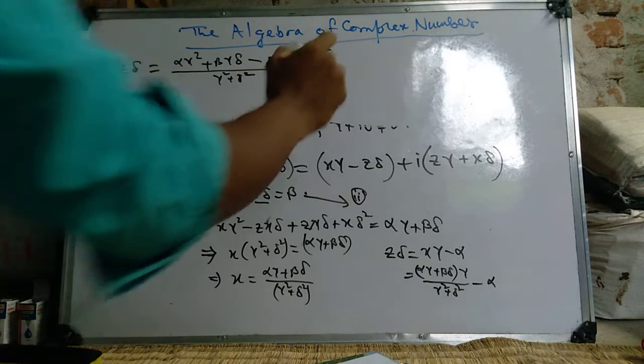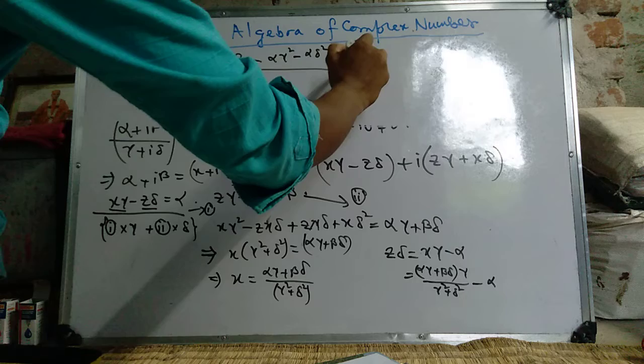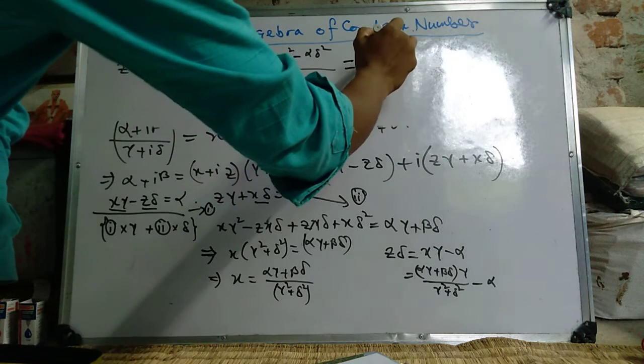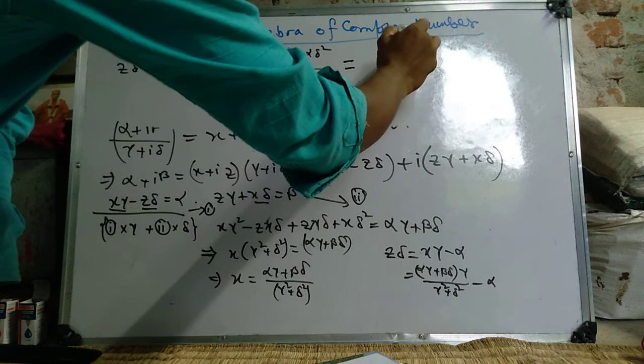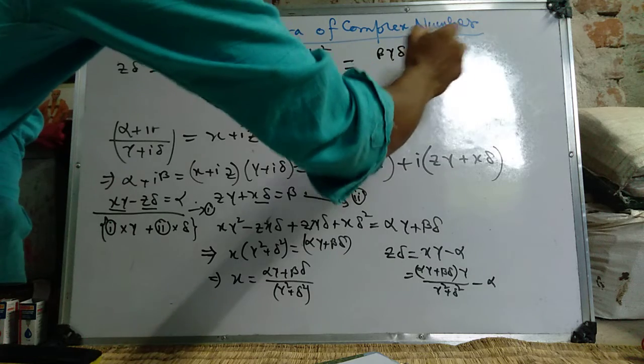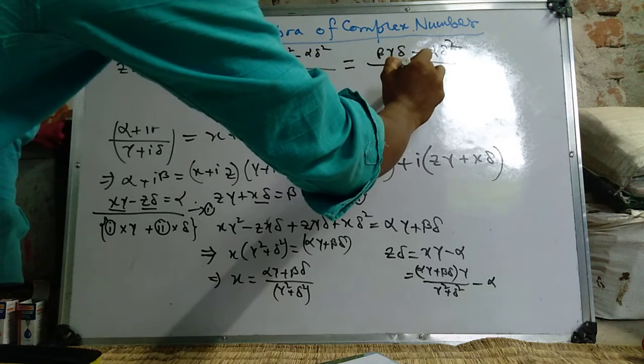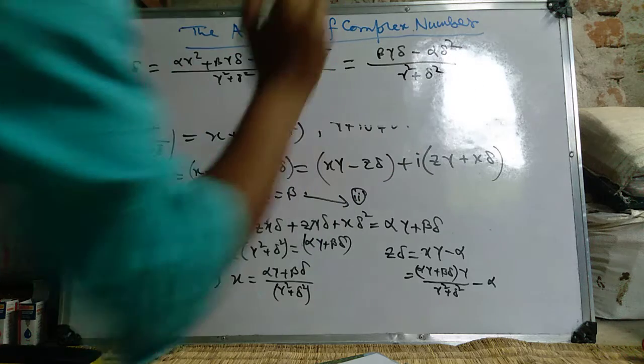This one is 0, then we get beta gamma delta minus alpha delta square by gamma square delta square.